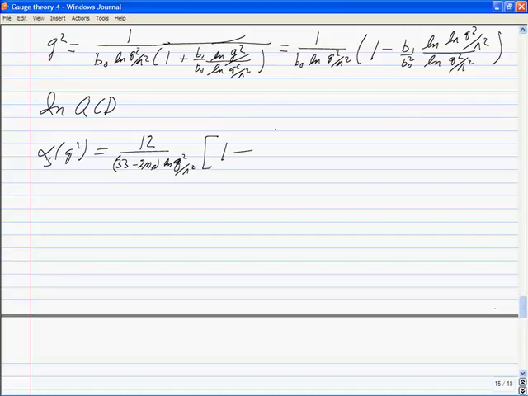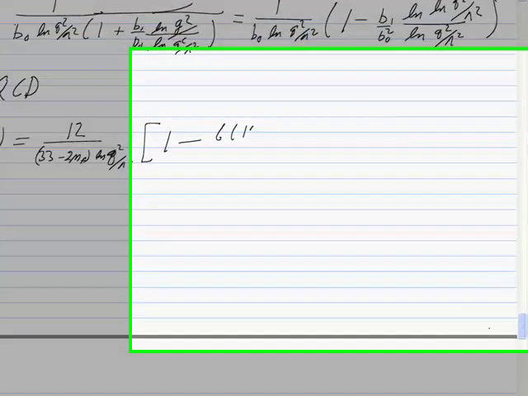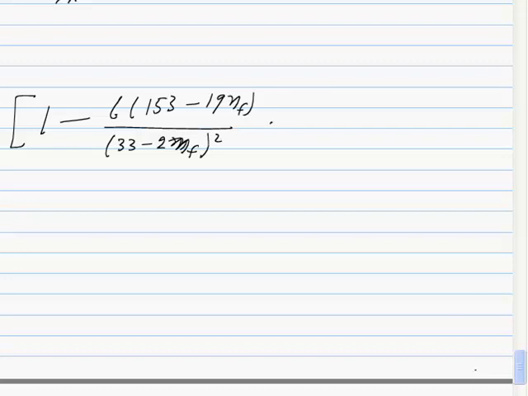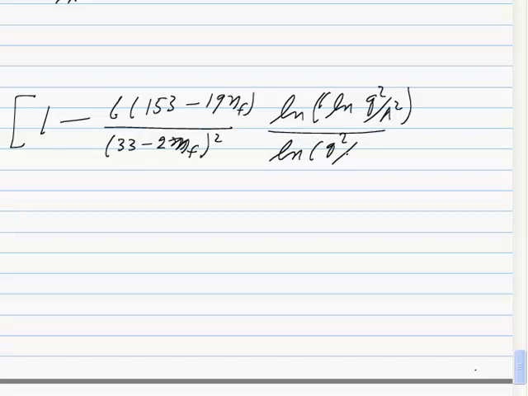The next order piece was 1 minus 6 times 153 minus 19 times the number of flavors over 33 minus 2 number of flavors squared, log of log q squared over lambda squared, divided by log of q squared over lambda squared.